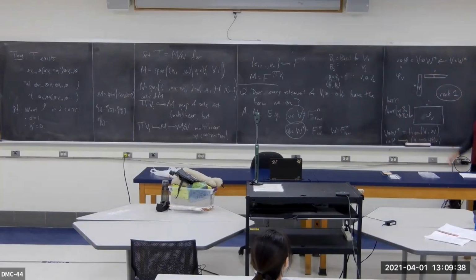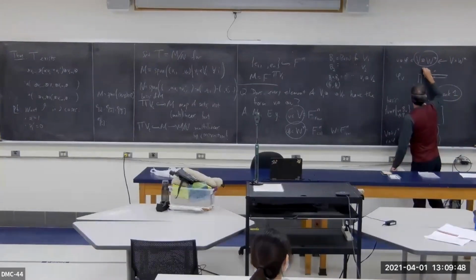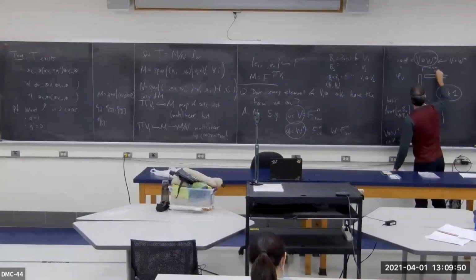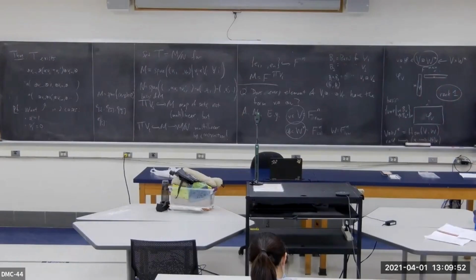The image is the set of rank 1 matrices. And that vector space includes more than rank 1 matrices. Yeah, it includes all m by n matrices. So this is all m by n matrices as a vector space. This multilinear map, the image is only the rank less than or equal to 1 stuff.